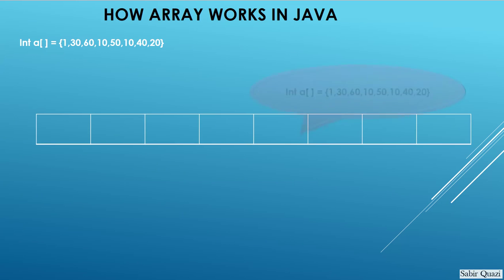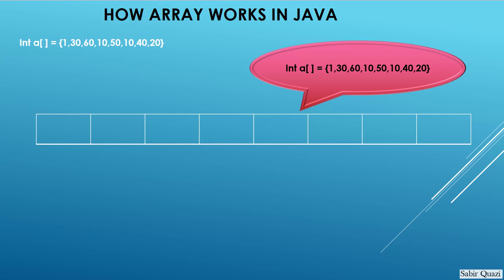Now we have declared the array, and the array has created a space in memory and stored these values in separate blocks, and it stores values of the same data type. In this case, we are storing integer type values in array A.